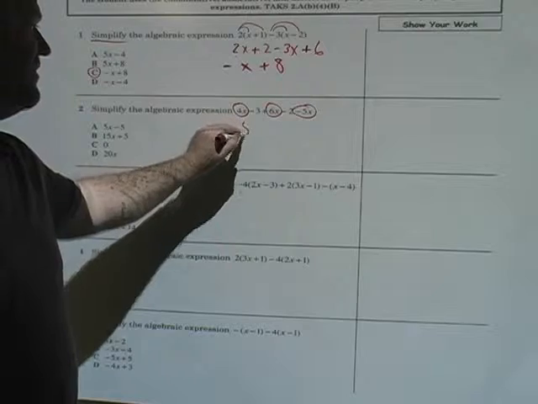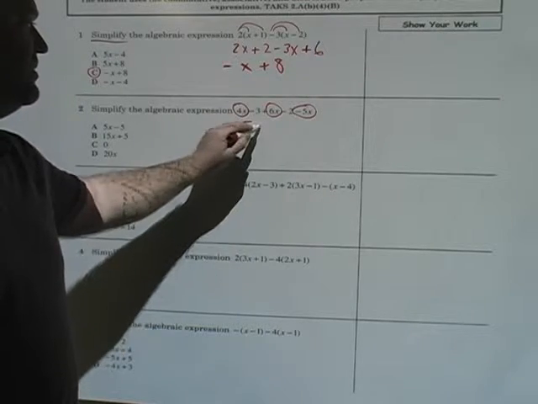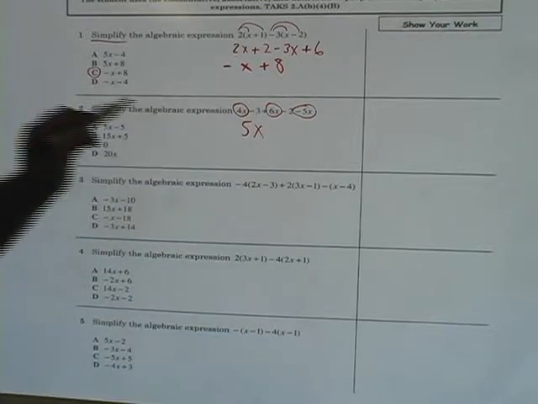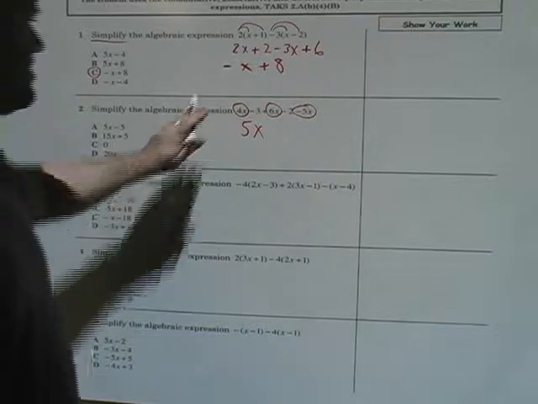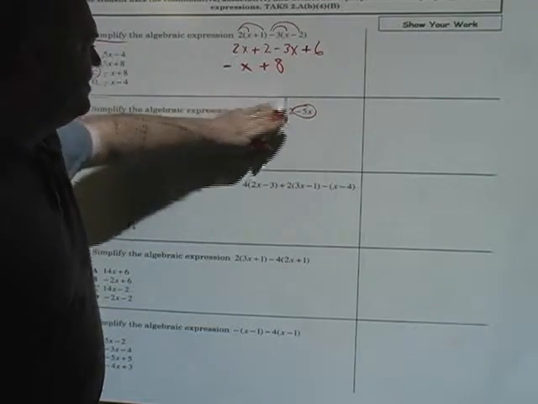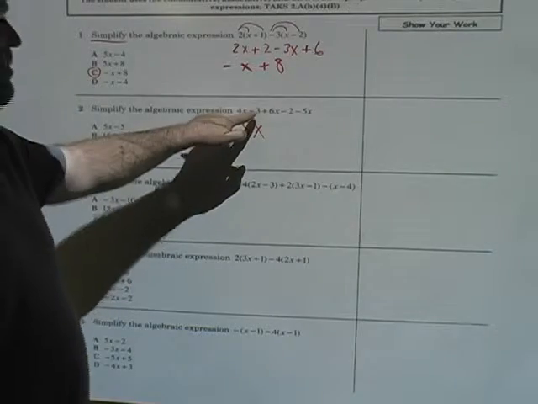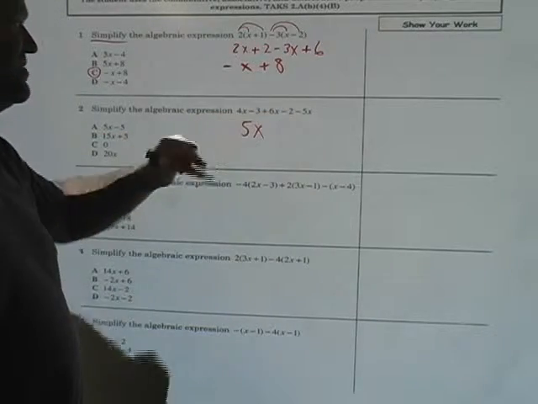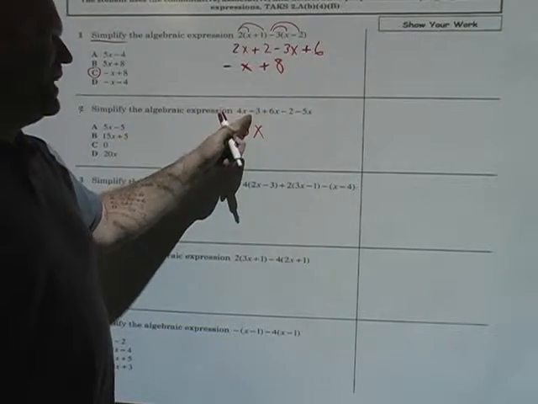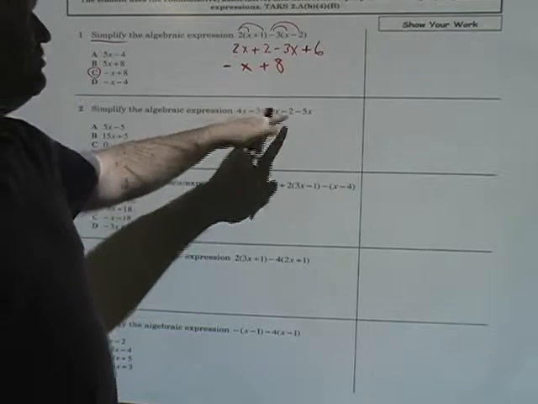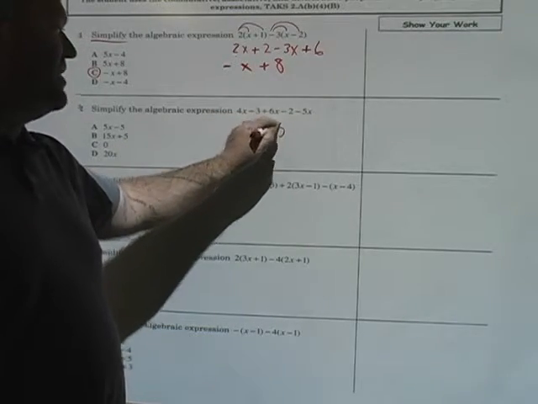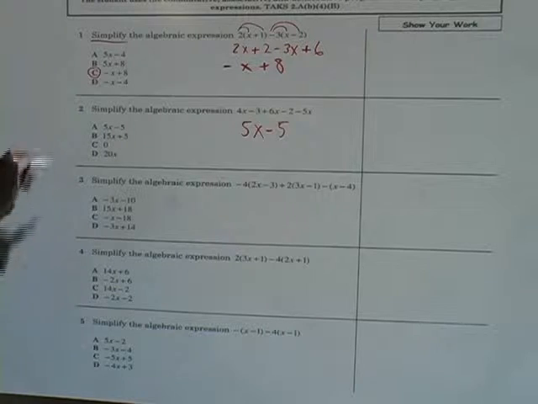And that's going to give you 5. And those are x's, so we have to call it 5x. Okay. And you've got minus 3, minus 2. So put that in your calculator. Negative 3 minus 2 is minus 5.